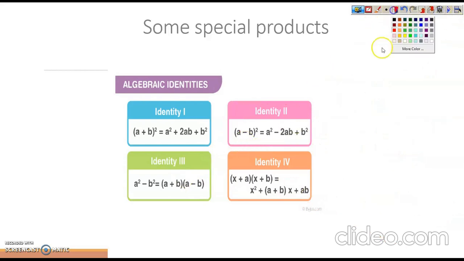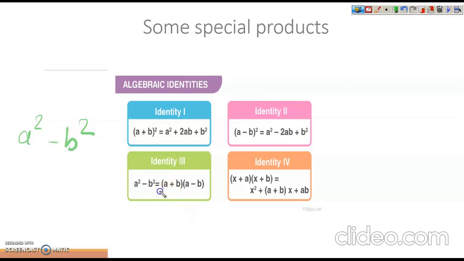Now, let's look at the third identity. It's a squared minus b squared. So the third identity is this. Let's solve one. Let's take an example like 9x squared minus 4y squared.